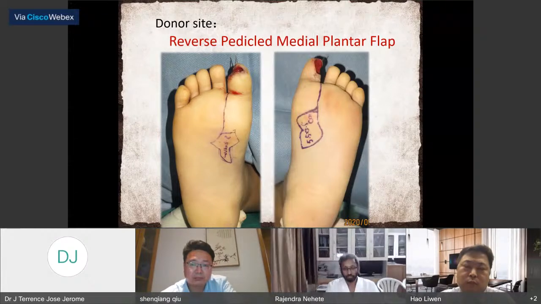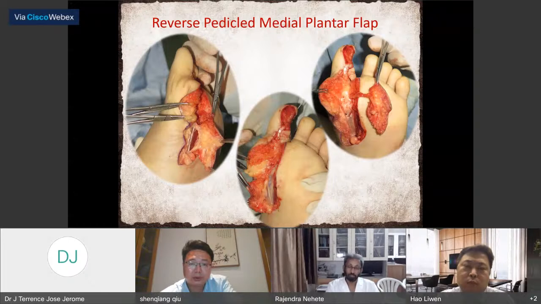Middle plantar reverse flap. And the flap was harvested carefully and preserved the plantar nerve.